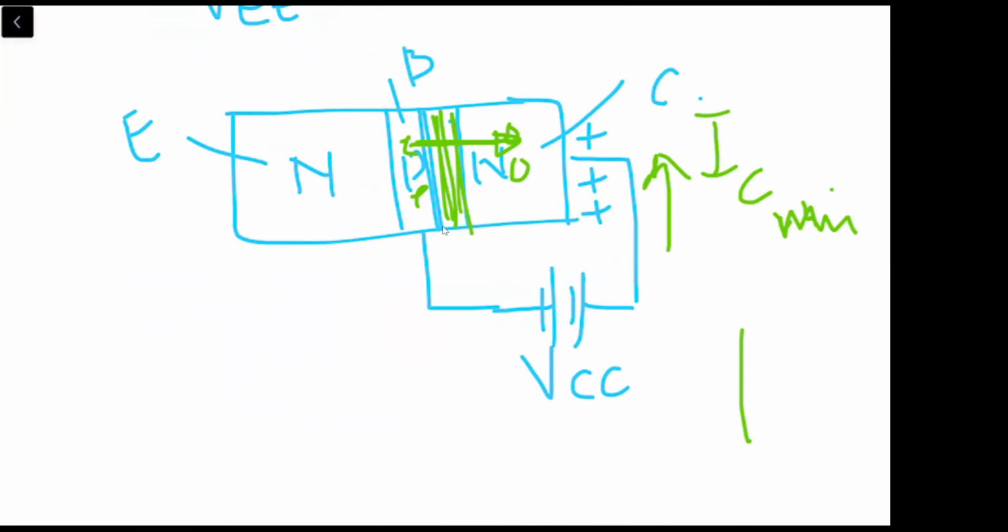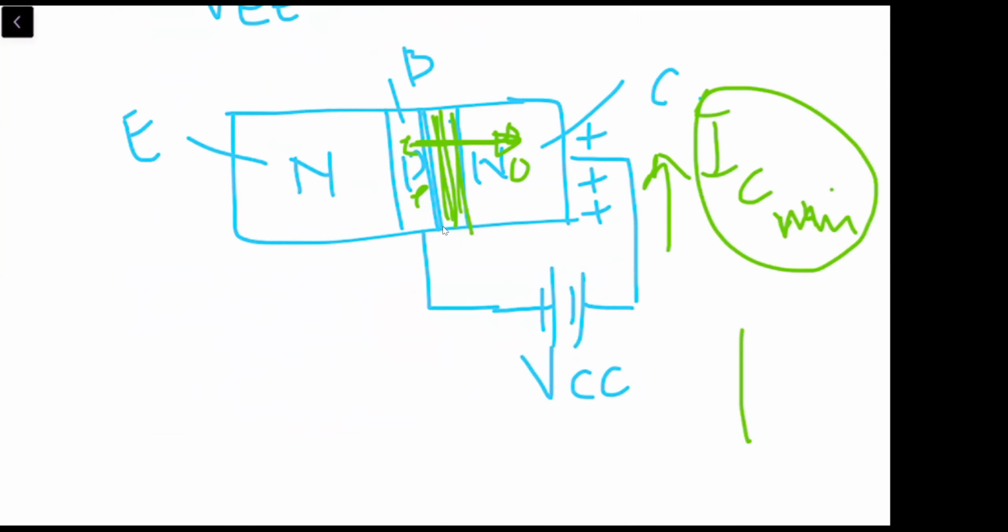The electrons will cross the junction and get into the holes on the collector side, and a very small amount of electron flow will be there, and due to that we will have a current which is called IC minority.